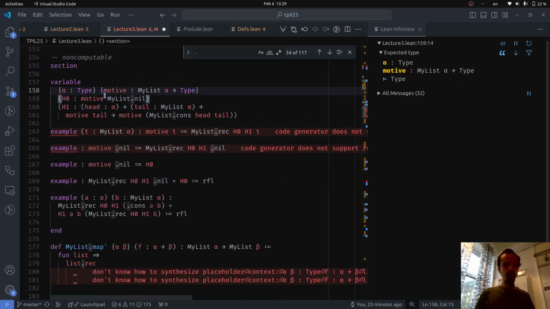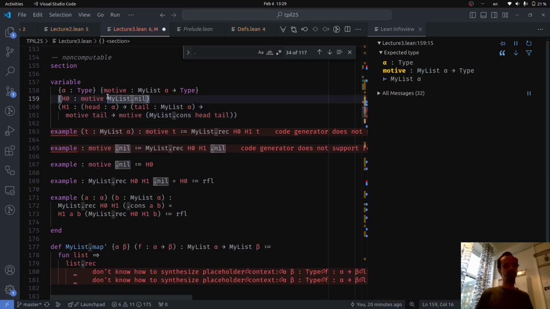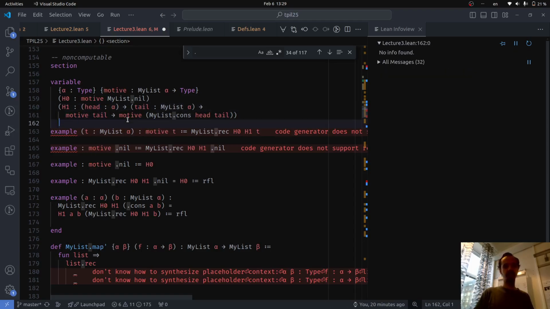So we have a motive here that represents some kind of type family that we're going to be constructing. We have an inhabitant of that motive at nil and another one at cons, where we assume that we have one at the tail and we have the head and the tail.